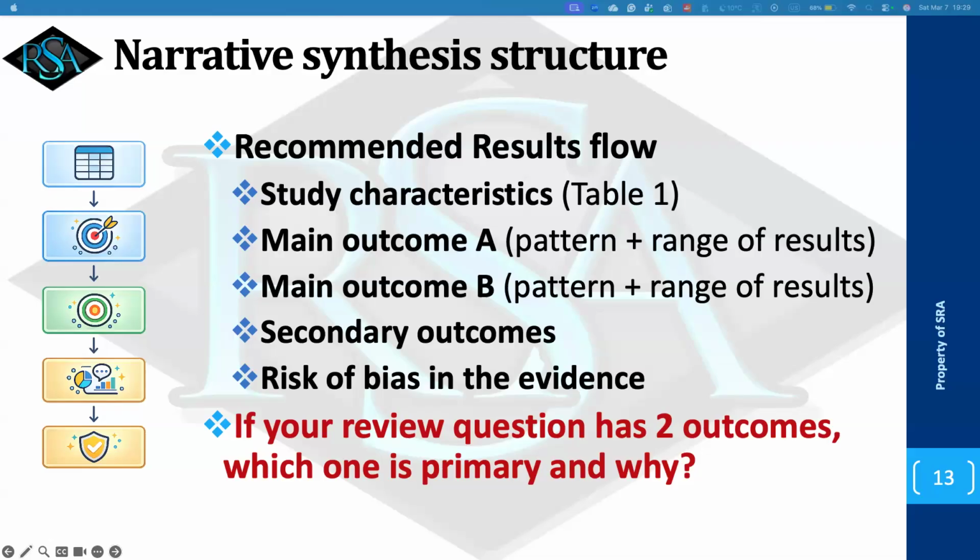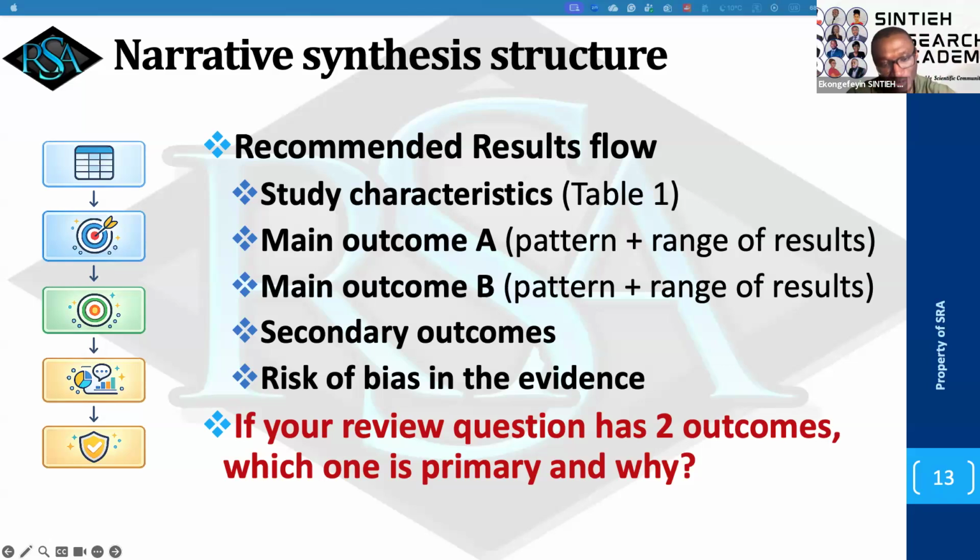Okay, if your review question has two outcomes, which one is primary and which is secondary? According to me, it will be the outcome that answers directly the review question.